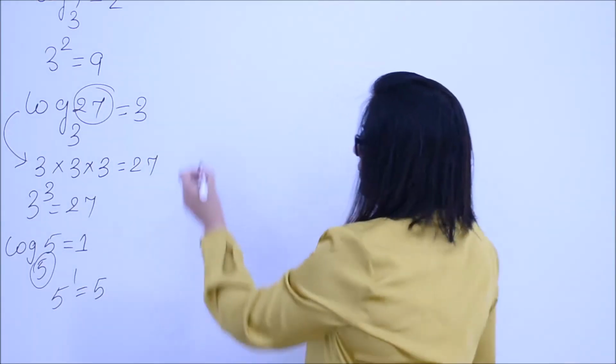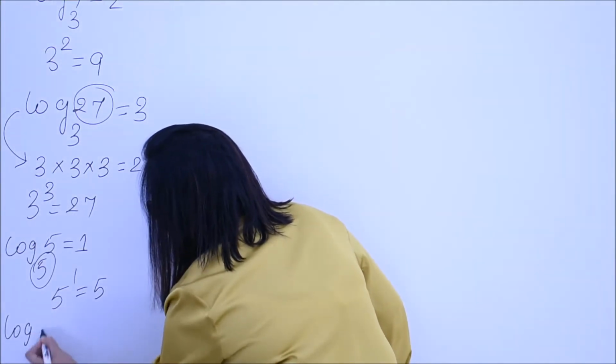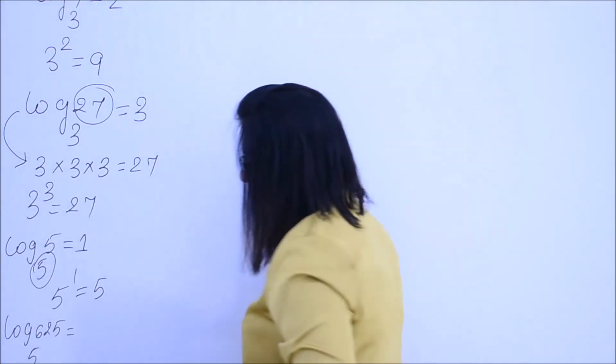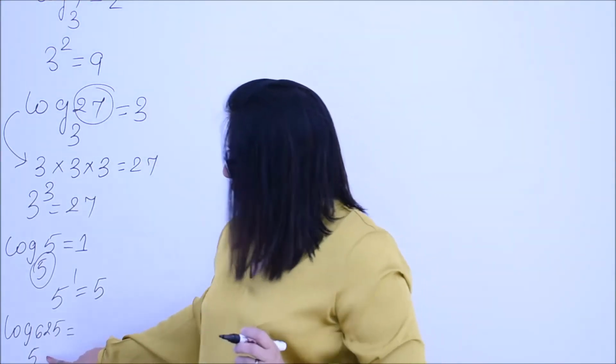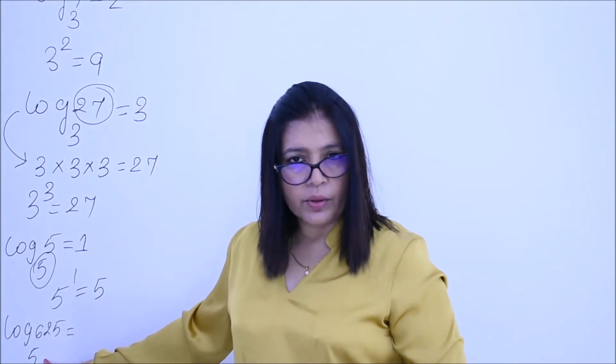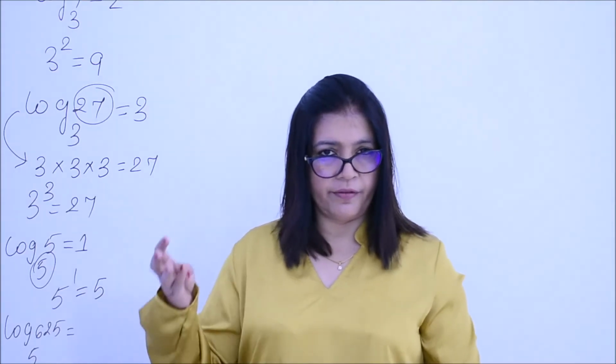If we have to solve log to the base 5 of 625 is equal to, so here again 5 should be multiplied how many times in order to get 625. So we know that 5 should be multiplied 5 into 5 into 5 into 5.